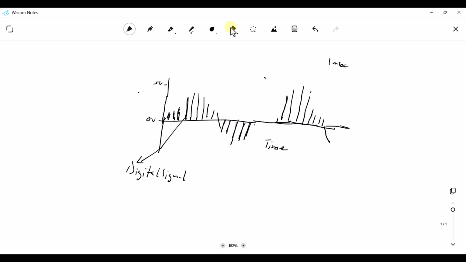And then after sampling, with quantization, it matches what it has sampled with a specific amplitude level. So let's say that this is 1 volt, this is 1.1 volt, this is 2 volts, this is 3 volts, this is 4 volts. That is how quantization and sampling is done, and that is the basics of converting analog signals into digital signals.